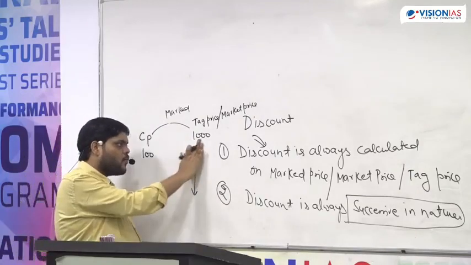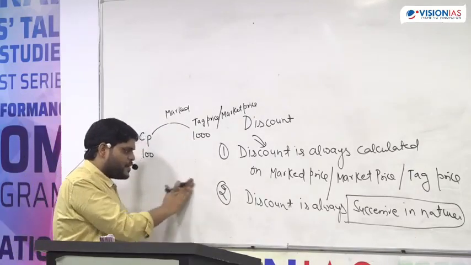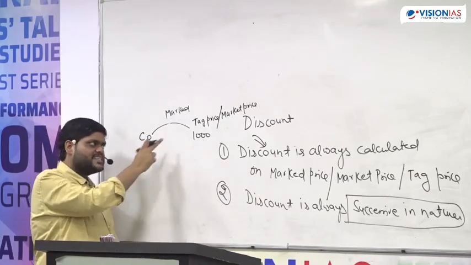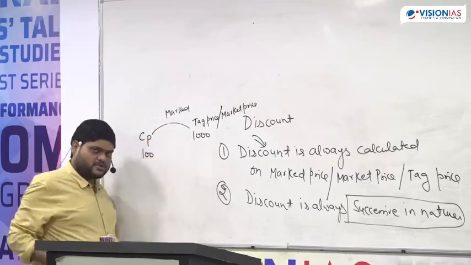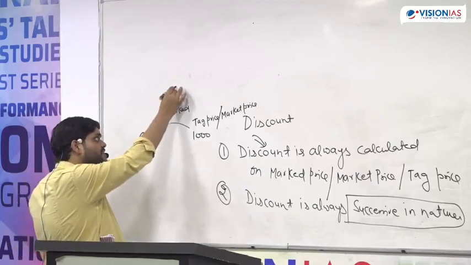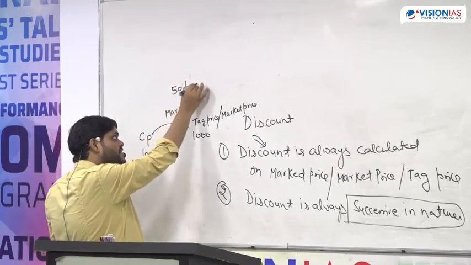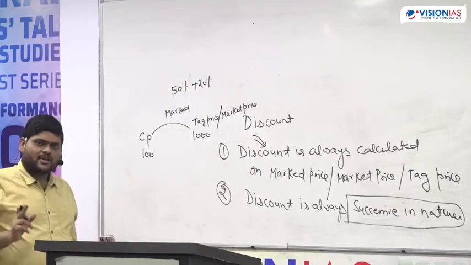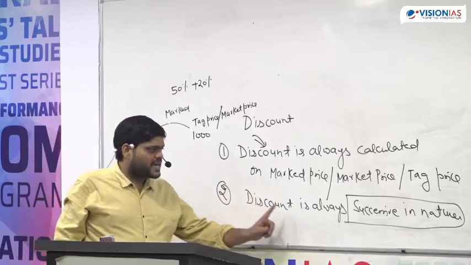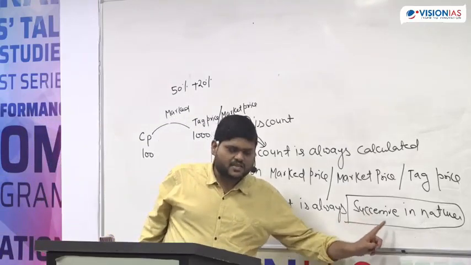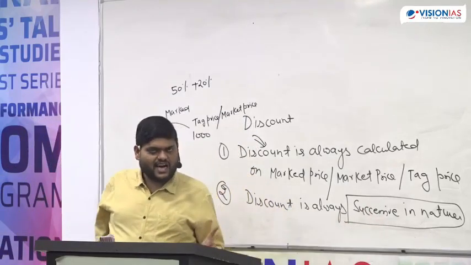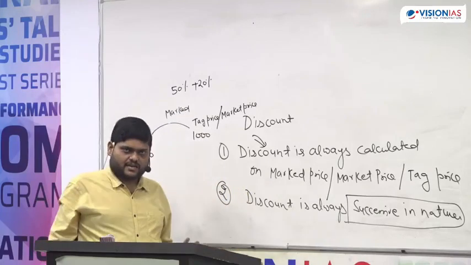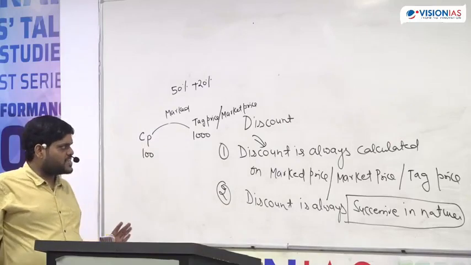Now, what is the second part? Second part: they have a 100 rupees shirt, they have marked it as 1,000 rupees, and now they are giving you 50% plus 20% discount. So the second concept is, discount is always successive in nature. What is the concept?